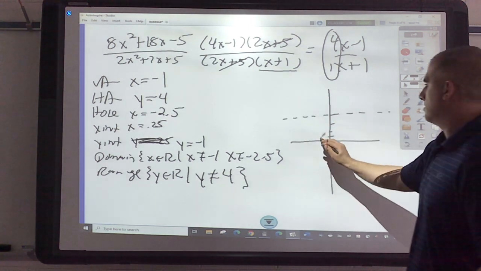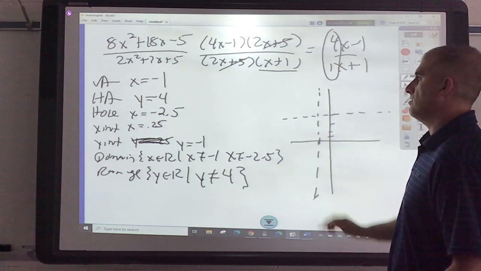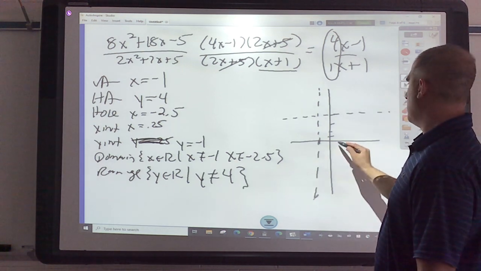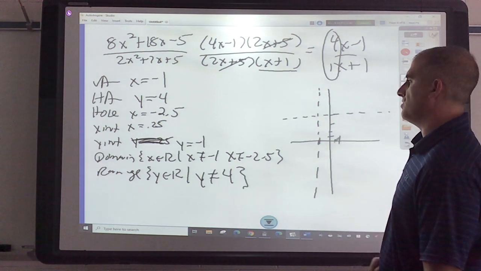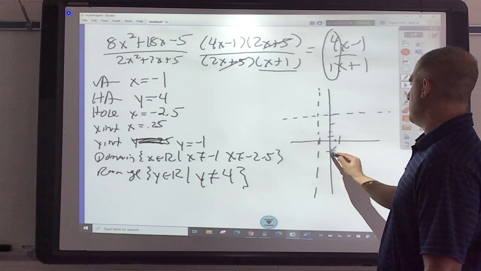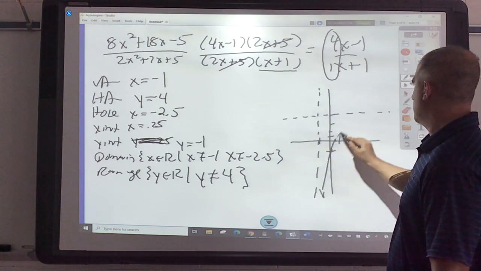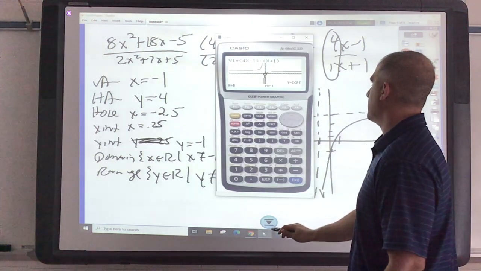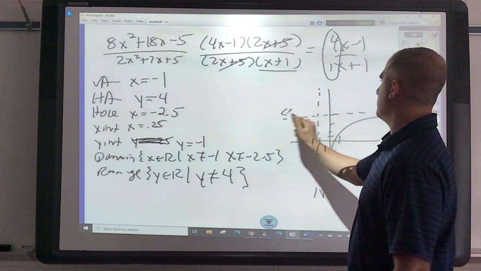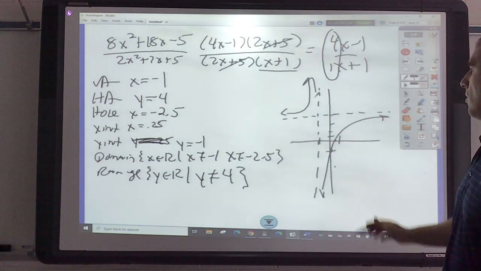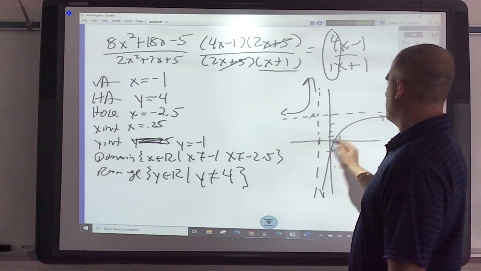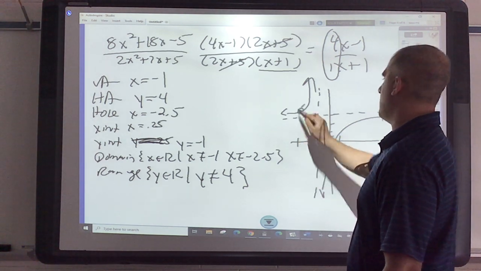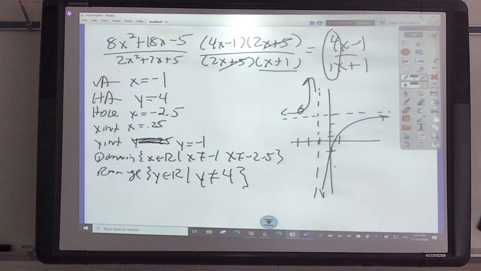Horizontal, vertical, x-intercept here at 0.25, y-intercept at -1. It looks like that, and like this. Where's the hole? At -2.5. So this is -2, -2.5, just put the little hole on there, and you have your graph.